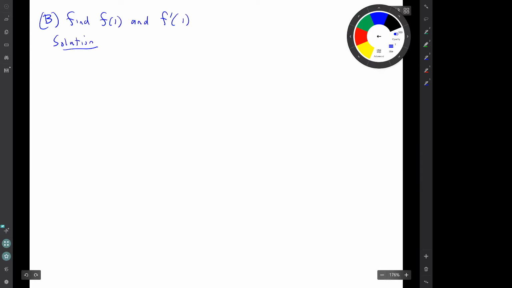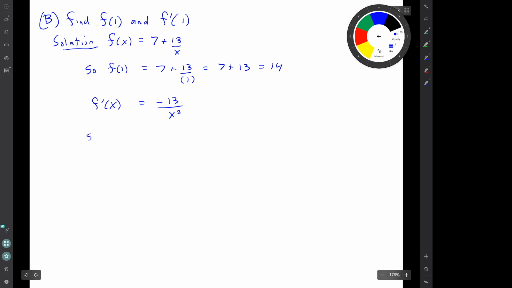In part B, we're supposed to find f of 1 and f prime of 1. Well, remember our formulas. There's our result for part B. Part C, we're supposed to do the same thing, but with x equals 2.